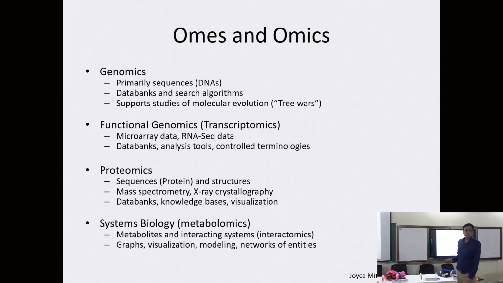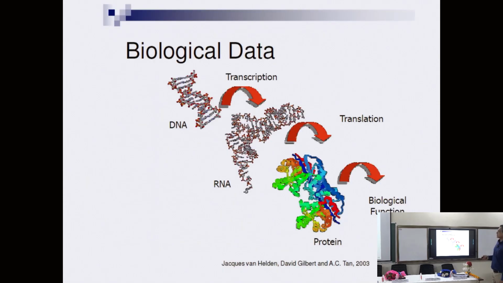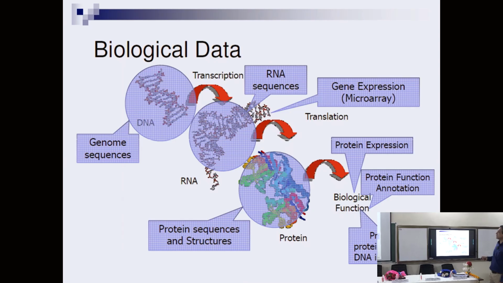Modeling and networks of entities. I think it's the same thing. These processes result in many types of data: genomic data, transcriptomic or gene expression data, and protein data, which could be protein sequences and structures.